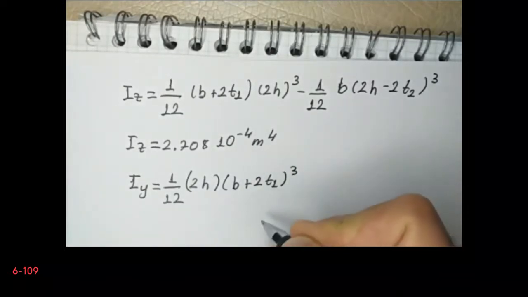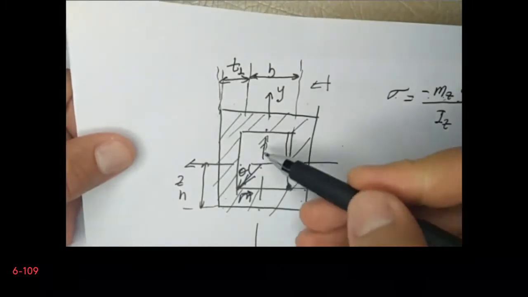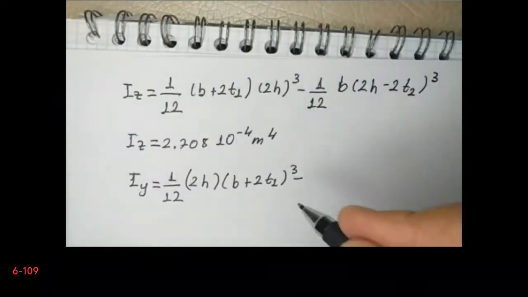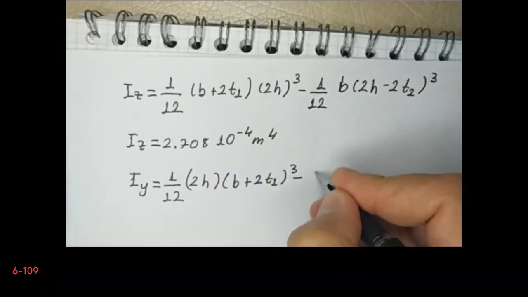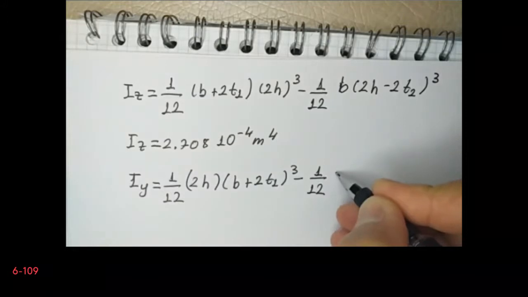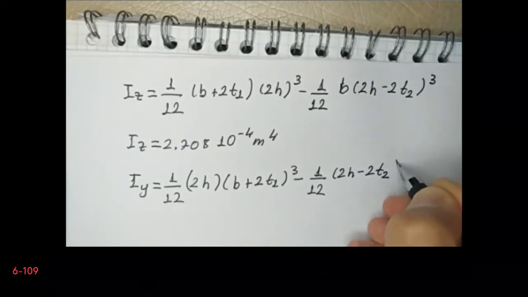Now I will subtract the moment of inertia of this hollow region. So it is minus 1/12. Now the edge length of the base is 2h minus 2t2, and the height is b cubed.